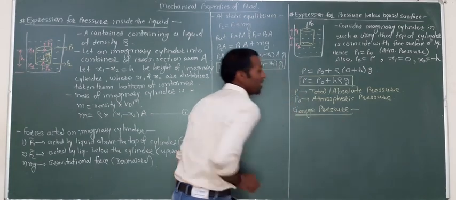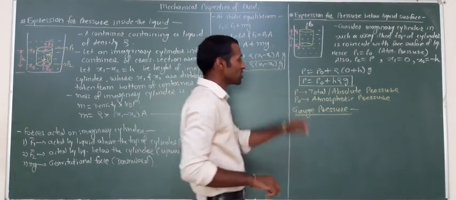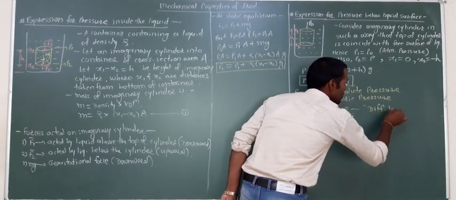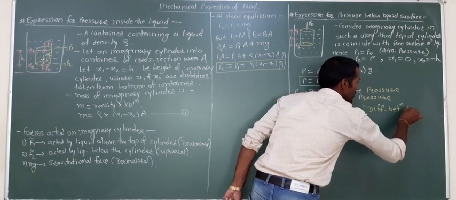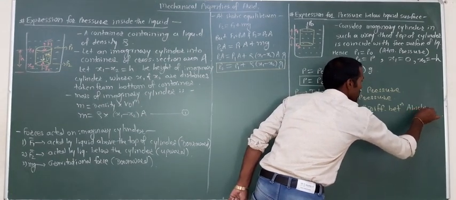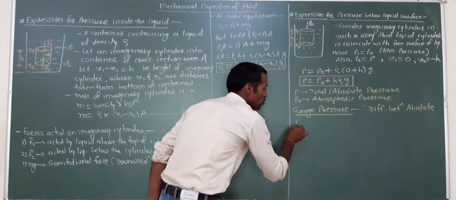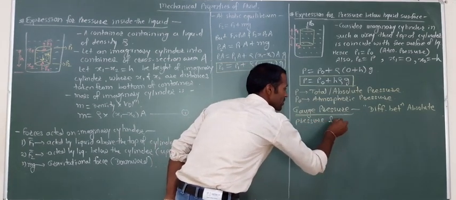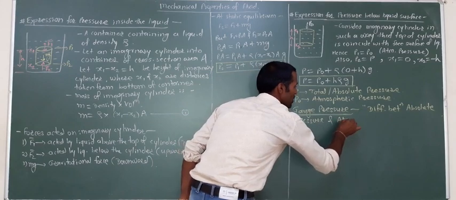Gauge pressure is the difference between absolute pressure and atmospheric pressure.